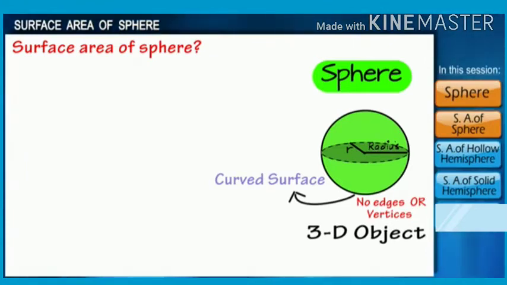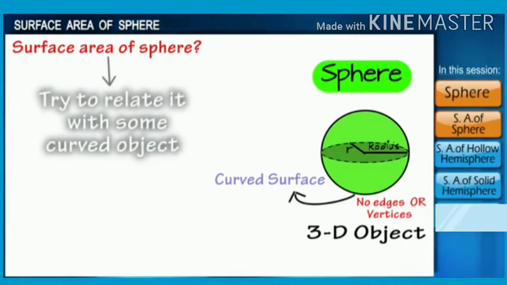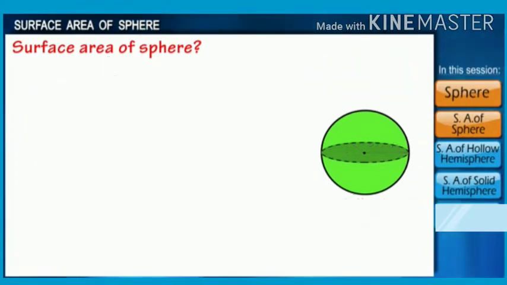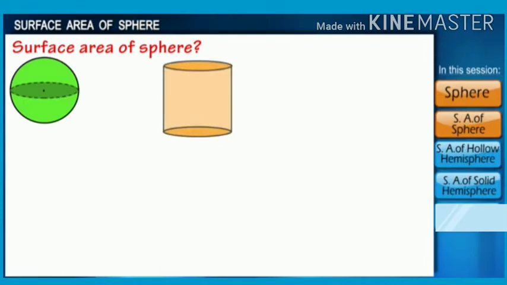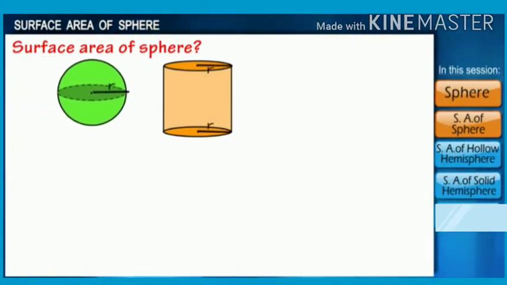Now, how to calculate the surface area of a sphere? To calculate the surface area of a sphere, we have to relate it with some curved object. We can find the surface area of a sphere with the help of a cylinder. Now, consider a cylinder such that a sphere can be well fitted in it.